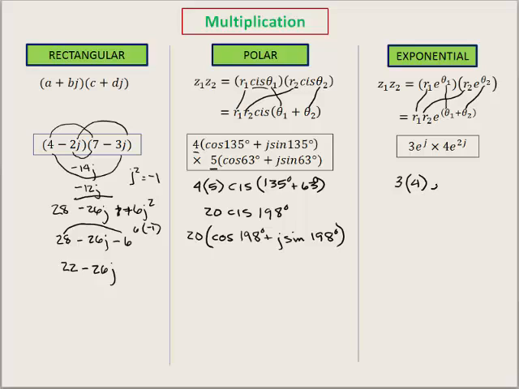We'll keep our E, and this actually is a 1J, so I'm going to put a 1J just for clarity, plus, remember in the exponential formats these are given in radians. So what we end up with is 12 E to the 3J.